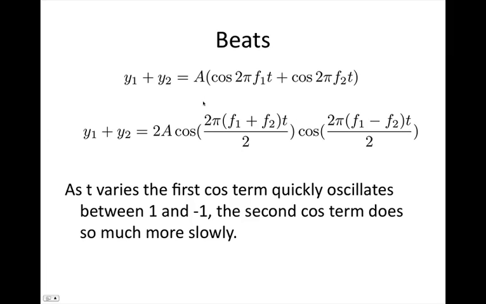Now f1 plus f2 is a big number, so as t changes, this cos function here oscillates between 1 and minus 1 relatively rapidly. f1 minus f2, on the other hand, for beats we choose to be a relatively small number. We choose f1 and f2 as very similar. So this part of the cos function is oscillating very slowly between 1 and minus 1.